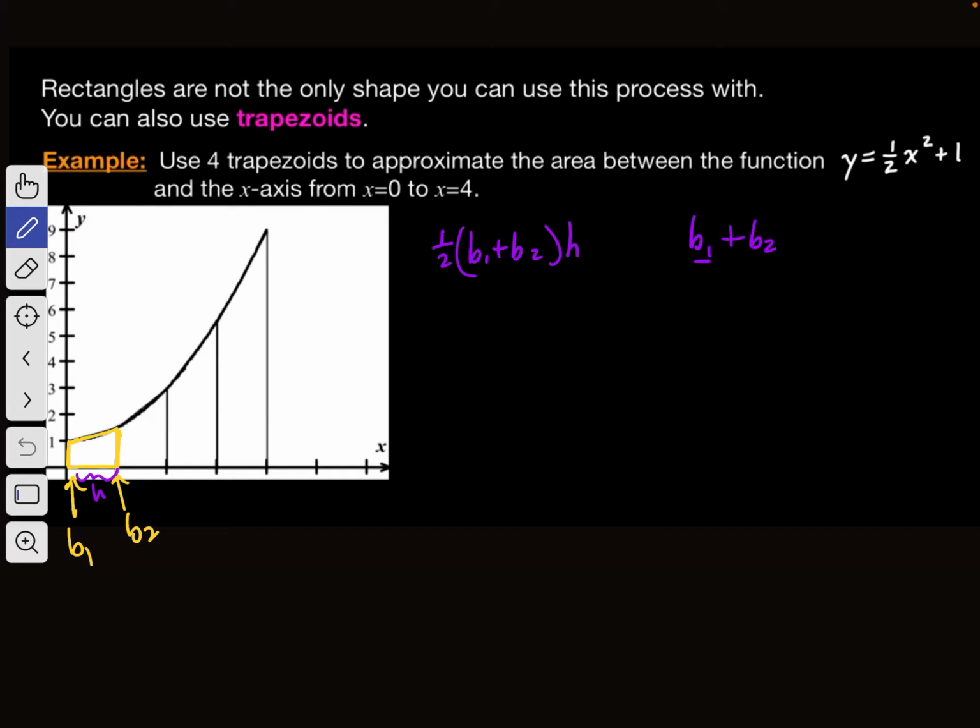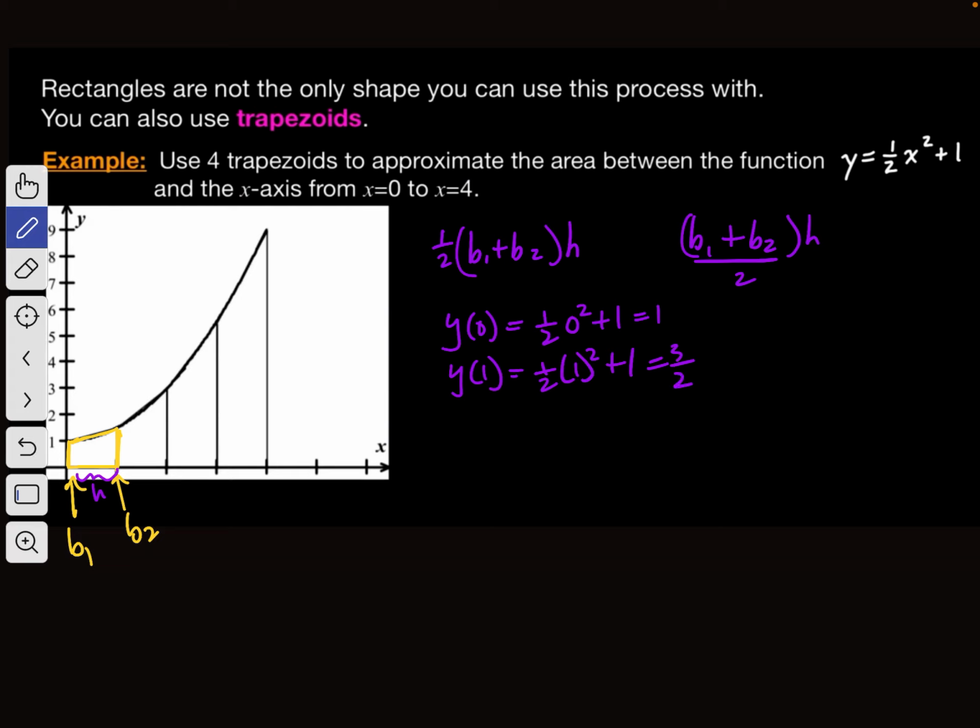Or it's also base 1 plus base 2 divided by 2 times the height. And so we can evaluate the function y of 0, 1/2 0 squared plus 1, and so that's 1, and y of 1, 1/2 1 squared plus 1, so half plus 2 halves is 3 halves.